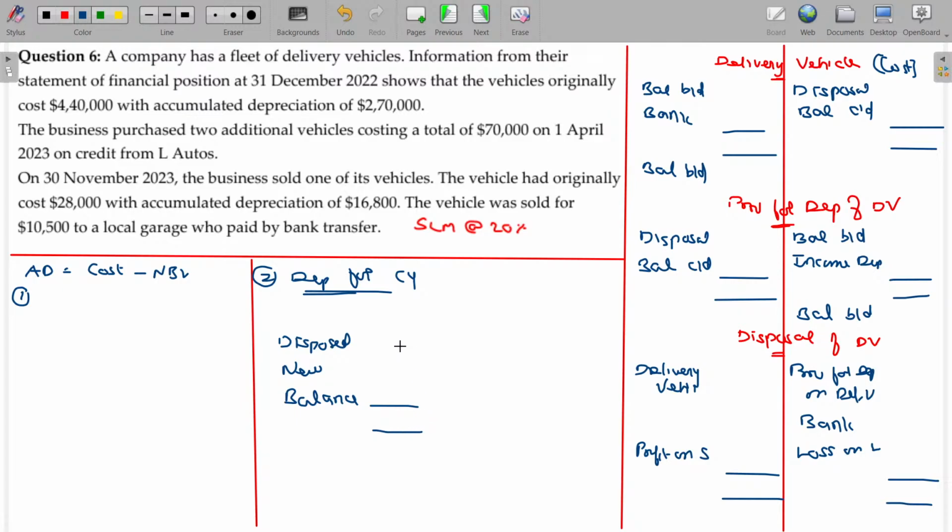Take the cost of these three assets and the accumulated depreciation up to the previous year, otherwise the opening provision. The opening net book value is nothing but subtracting this from the cost, and on whatever balance is left you are supposed to provide the depreciation for the current year. This is the format.